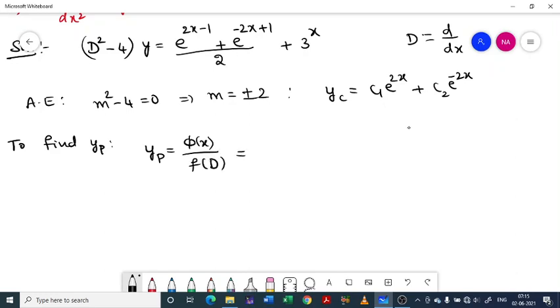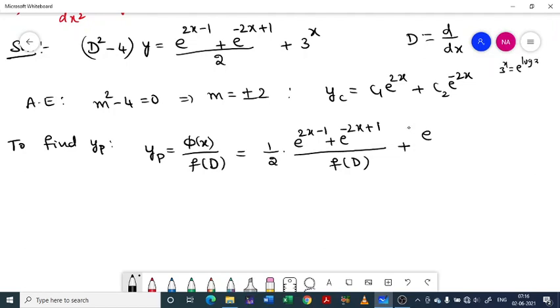This is actually 1/2 times [e^(2x−1) + e^(−2x+1)] divided by f(D), plus 3ˣ, which can be written as I already explained: 3ˣ will be e^(log 3ˣ), that is e^(x log 3), divided by f(D).